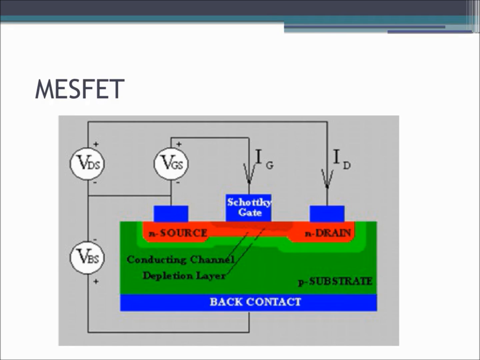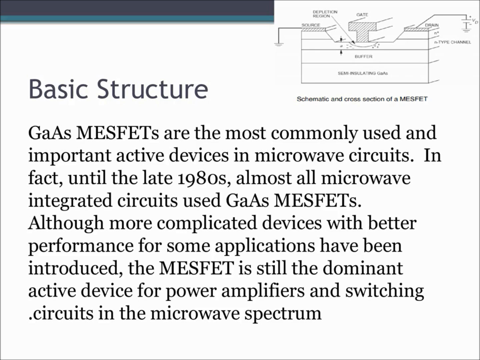So now let's see the basic structure of the MESFET. As we can see here in the picture, the GaAs MESFETs are the most commonly used and important active device in microwave circuits. In fact, until the late 1980s, almost all microwave integrated circuits used GaAs MESFETs.